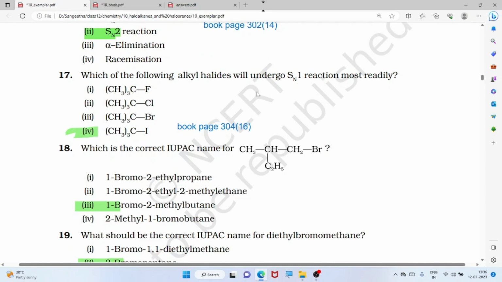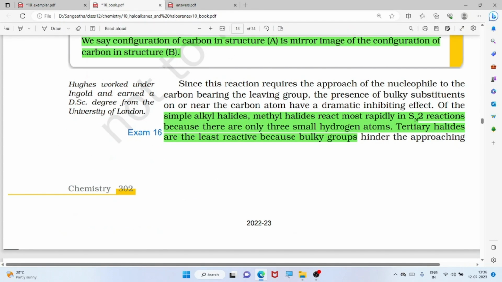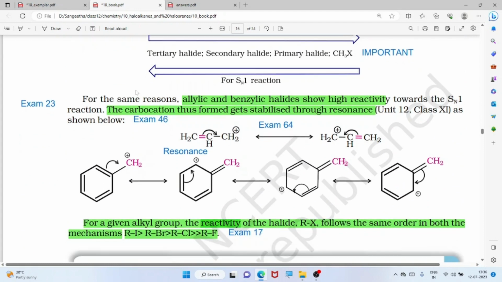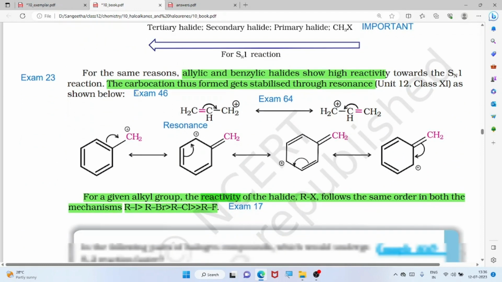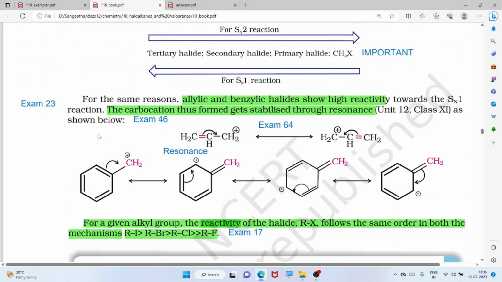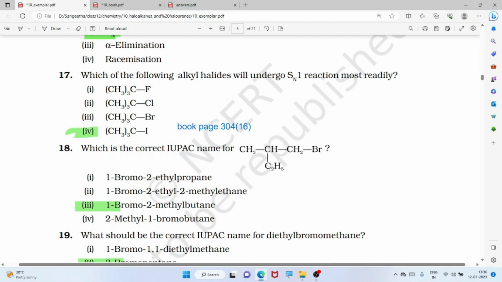I already showed you SN1 and SN2. For a given alkyl group, the reactivity of the halide depends on the halogen, and iodine will be the most reactive within the halide group.